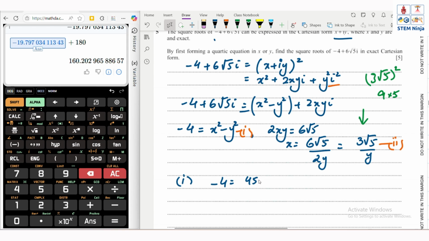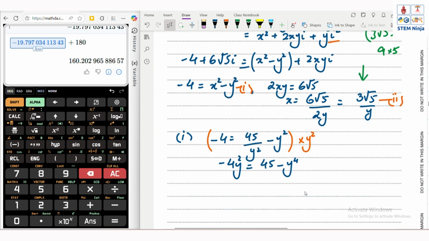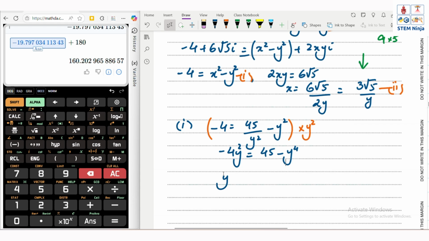So 45 divided by y squared minus y squared. So now we multiply both sides by y squared. This becomes minus 4y squared equals 45 minus y raised to power 4. Taking everything on one side, we have y raised to power 4 minus 4y squared minus 45 equals 0.